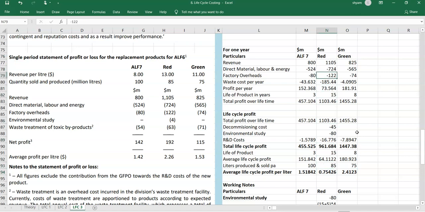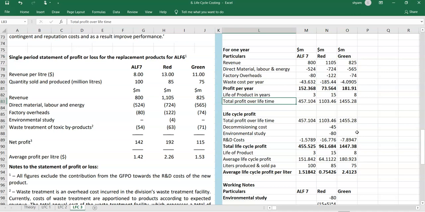And also if you see, revenue wise, red is better, right? But the total amount of direct material and labor and energy required, red seems to be a little bit bad. Where they're absolutely bad is in the waste cost. And that is why in the profit per year itself, green has scored a lot.